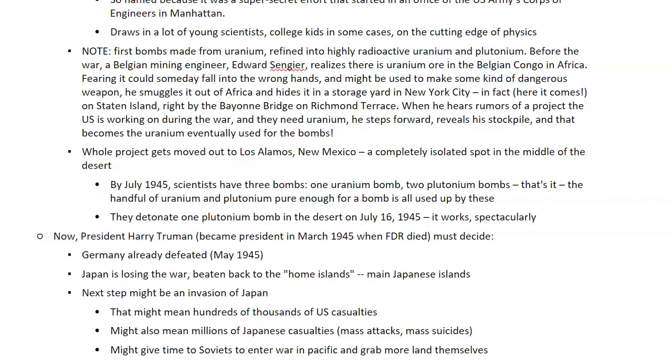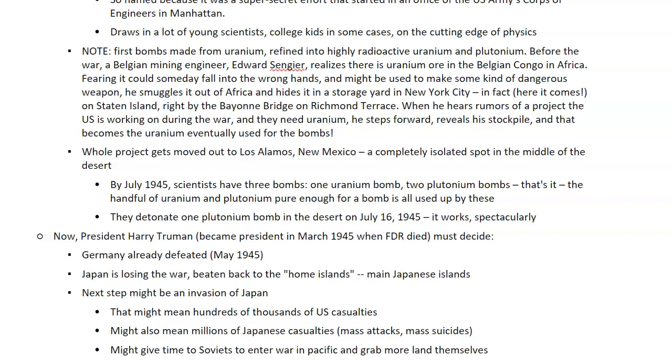And people knew it had a lot of potential for power. So he starts worrying that someday this uranium ore that they've got in the Belgian Congo could wind up in the wrong hands. This is the 1930s, and Adolf Hitler's already starting to make noise and all that.